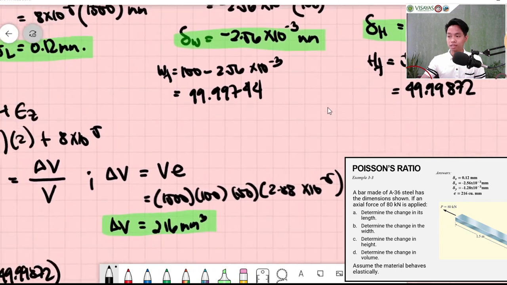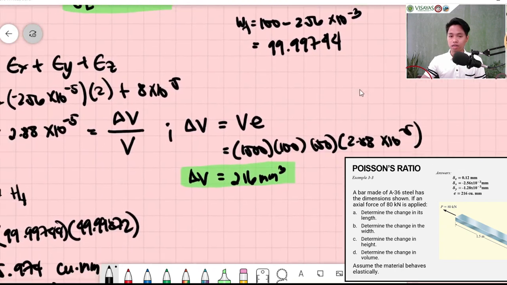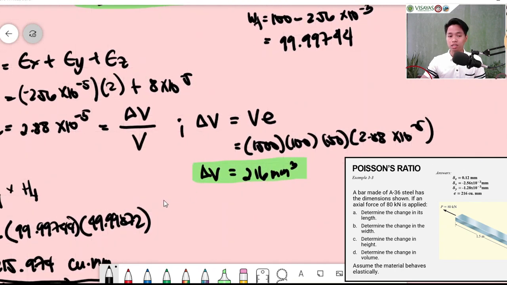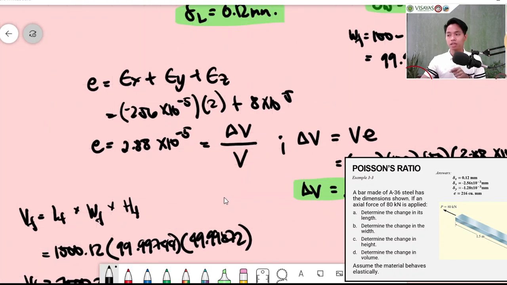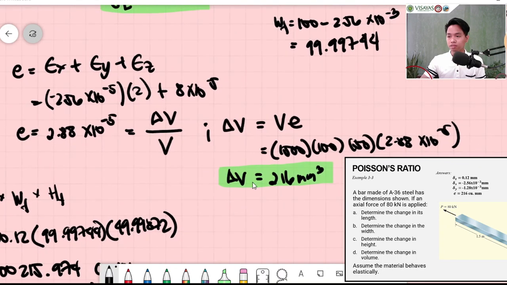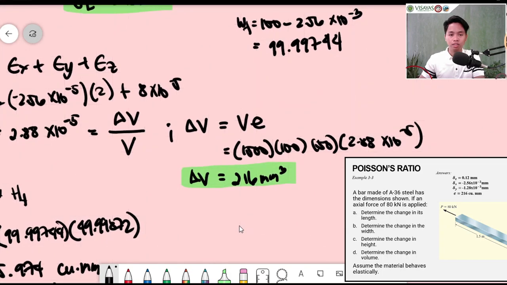Sorry guys, that is not E. Dili na siya E. That is change in V dapat na siya because E is dilatation. So wrong na siya. Dilatation na siya ang E. So dili dapat na siya E. So that should be change in V kani. That should be change in V is equal to 216 cubic millimeters rather. Okay, so I hope nga klaro ra.